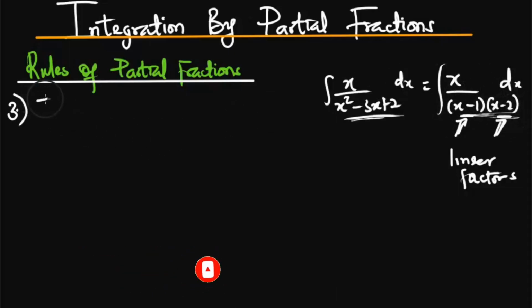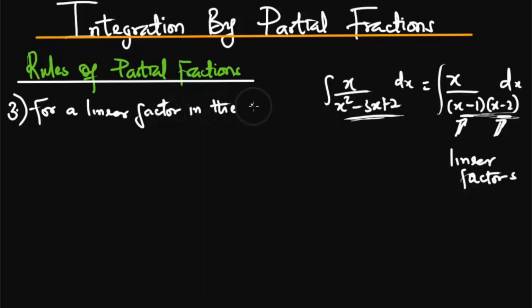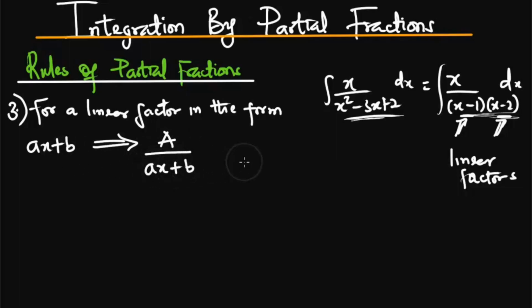So for a linear factor, which is our rule 3, for a linear factor in the form ax plus b, right? The expression of the partial fraction is given by a constant, let's call the constant A, divided by the factor ax plus b.